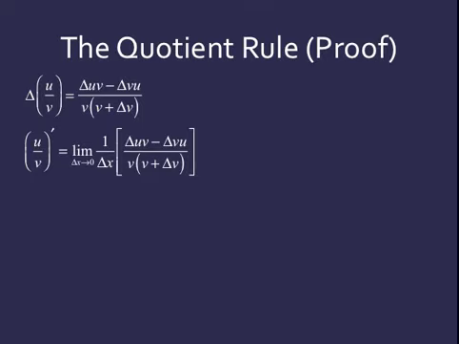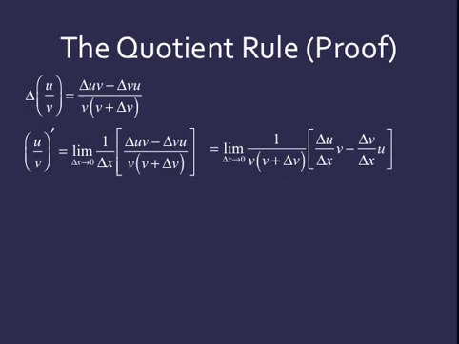An alternative way of writing this will be as the limit as delta x tends to 0 of 1 over v times v plus delta v multiplied by delta u over delta x times v minus delta v over delta x times u.